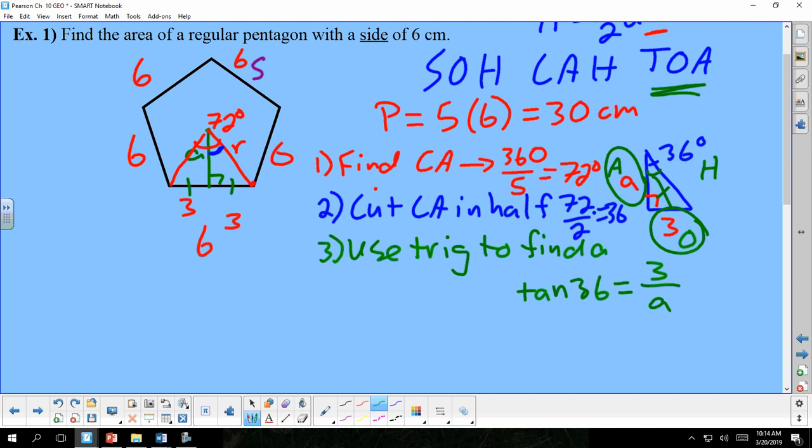And when what I'm solving for is on the bottom, I can switch places with them. The apothem is 3 divided by tangent 36, and I get 4.1. So there's my apothem right here.